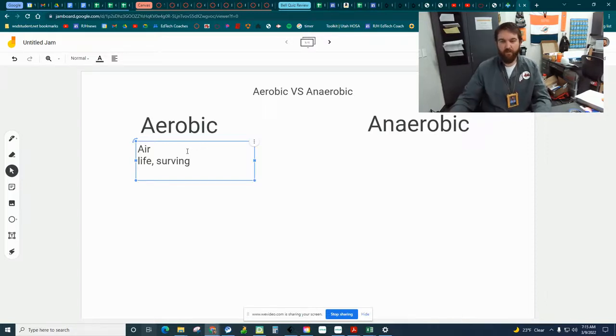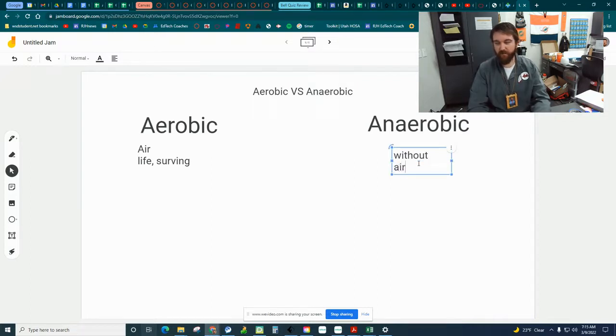So if we take a look at the word aerobic, it means that we need air to grow, to survive, to support life. Now, if we look at anaerobic, the prefix an means without. Then we have aero, which is air.